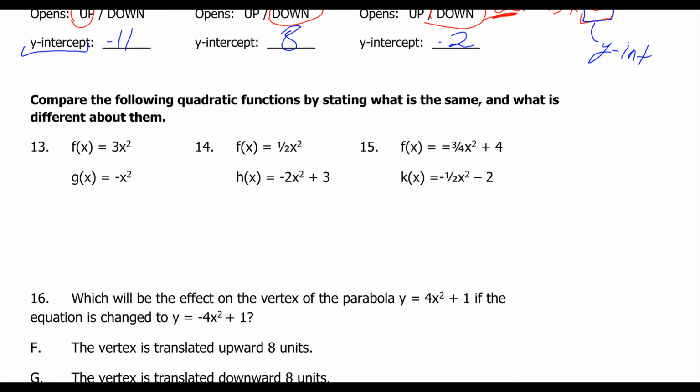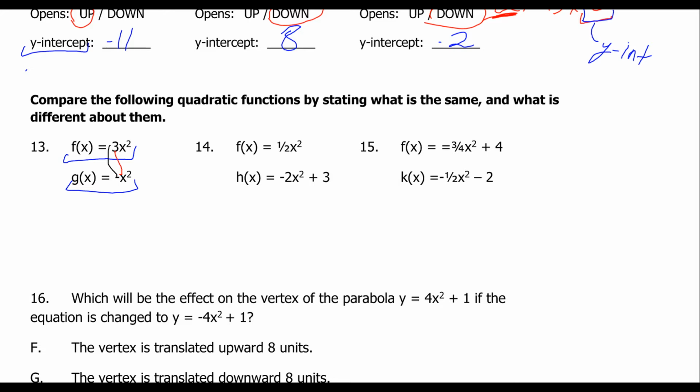It asks us to compare the following quadratic functions by stating what is the same and what is different about them. Now if we go from f of x to g of x here, what's changed between the two? We notice that there's no longer a 3 in the front, and not only that, but the sign on the very front has changed.